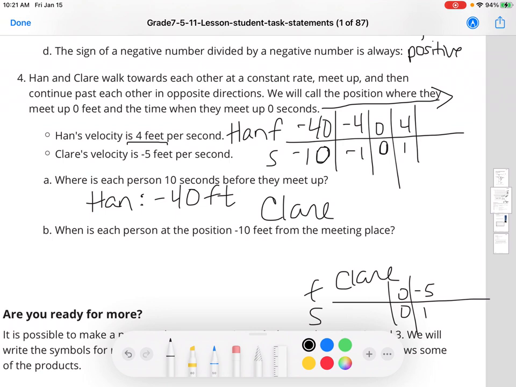This tells me that she's traveling to the west because after she meets up, she's in a negative location. So she's traveling west. So 1 second before they meet up, she's in a positive location, which would be at positive 5 feet.